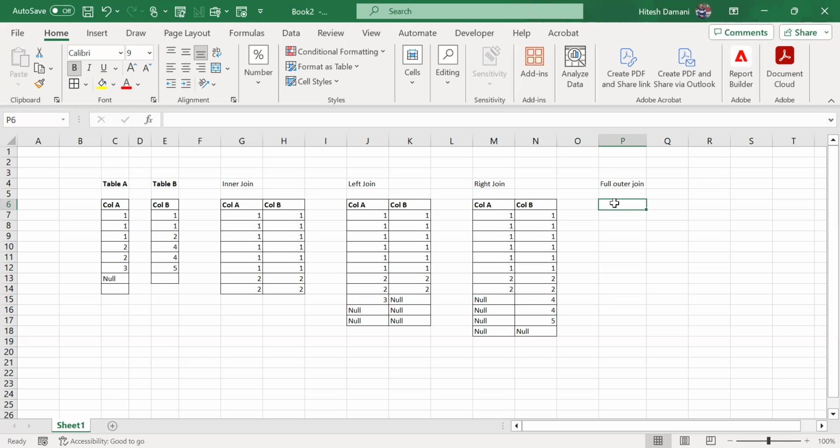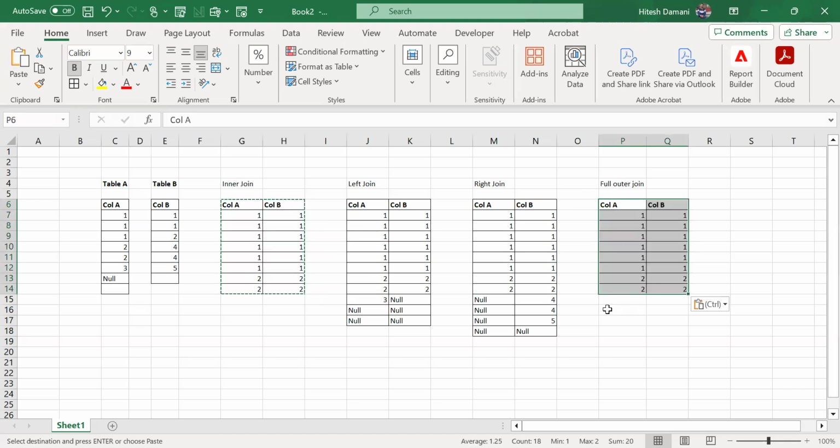All the records which we are getting from left join will also be a part of full outer join. Similarly, all the records of right join will also be part of full outer join. Let me quickly show you how the result set of full outer join will look. As I've mentioned, inner join will be there as part of full outer join.